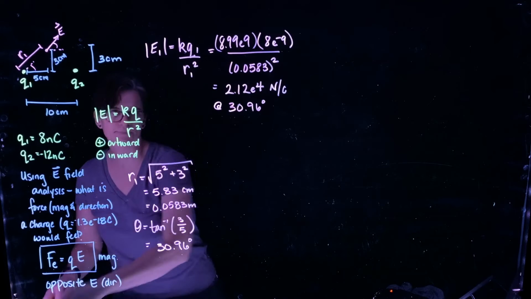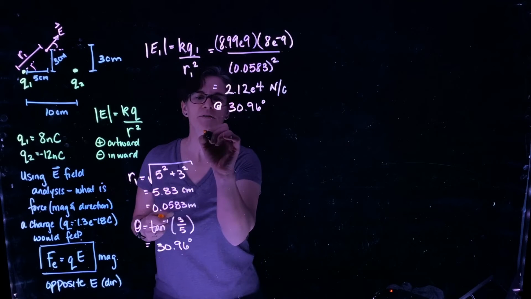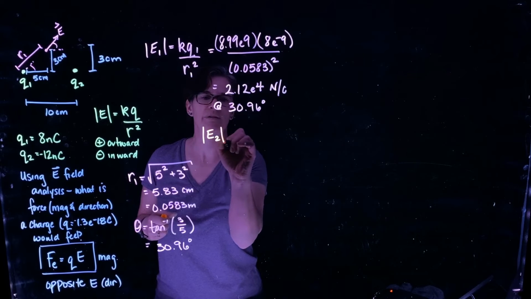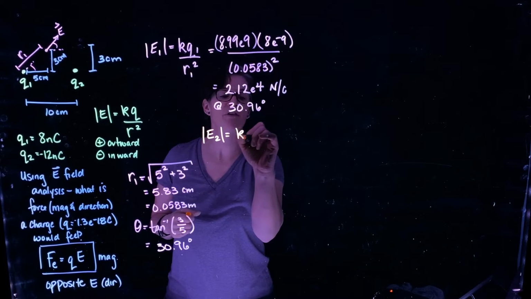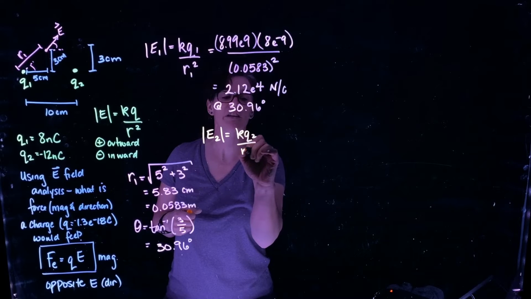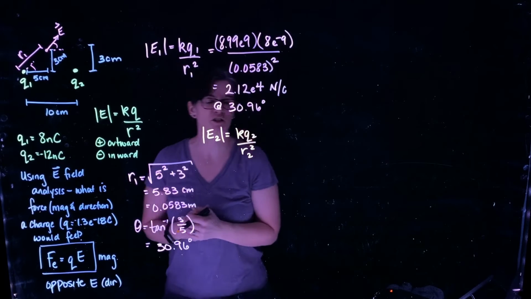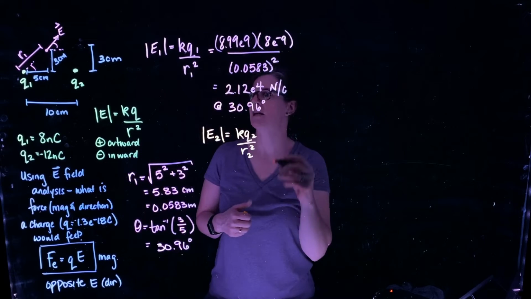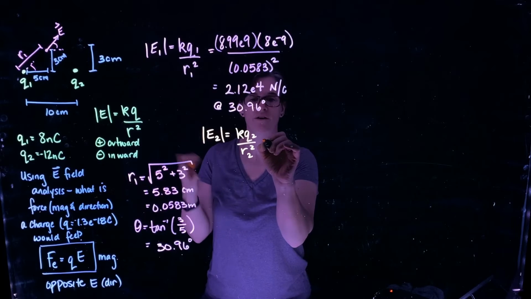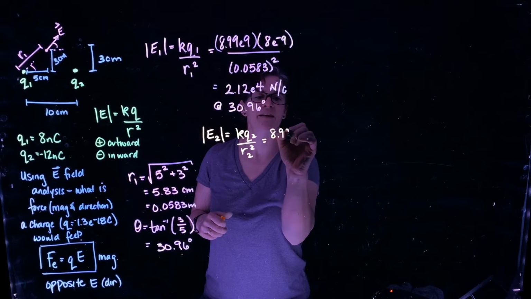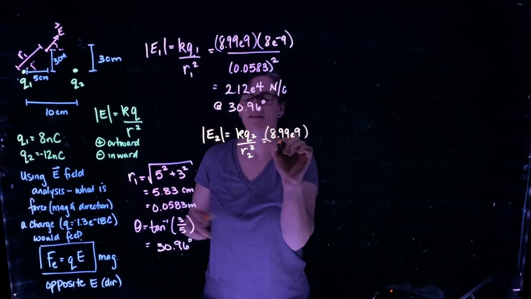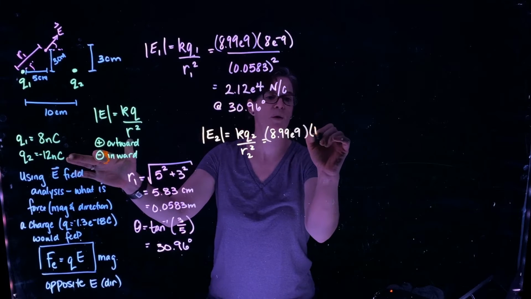Let's look at charge 2. That's the big one. I'll use a different color for charge 2. So charge 2, we find the electric field using the same relationship. So K, Q2 over the radius 2 squared. K again is 8.99 times 10 to the ninth. Q2 is negative 12 nanocoulombs.